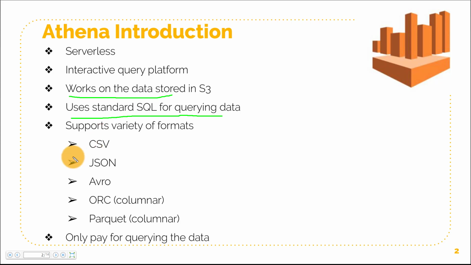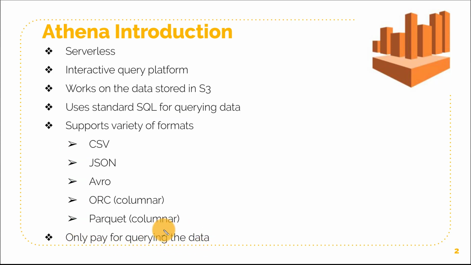So there are CSV formats, JSON formats, Avro, ORC, and Parquet. The last two formats, ORC and Parquet, are columnar storage, and they are quite famous in the big data world because of their storage efficiency, and it is recommended to use these two formats. So the pricing of Athena is on a per query basis, and depends on how much data your query scans.